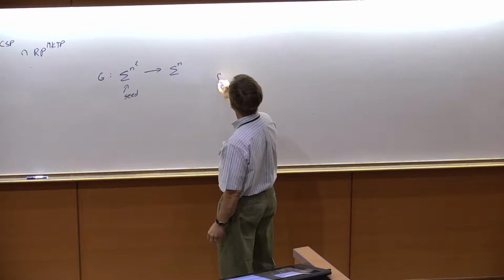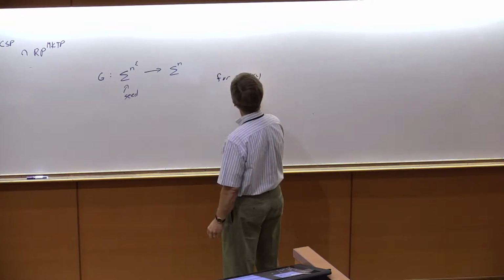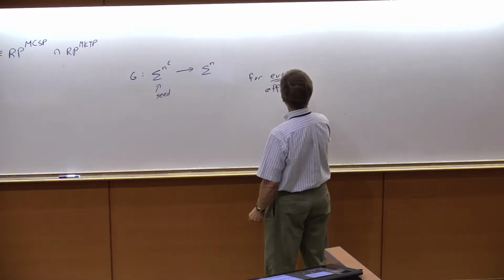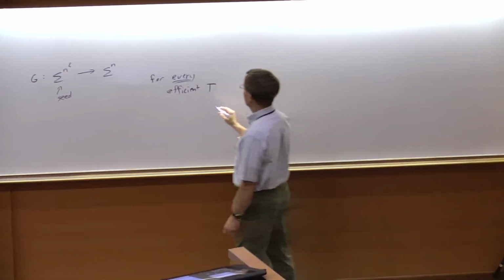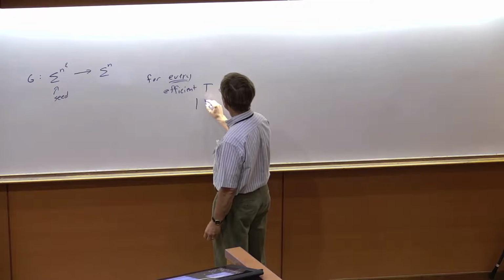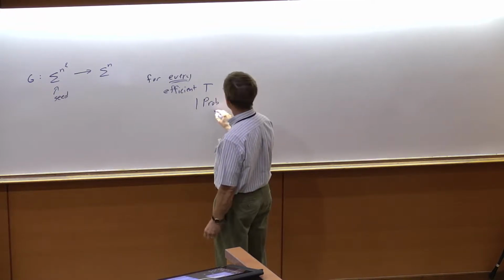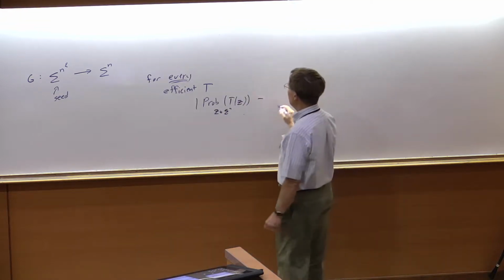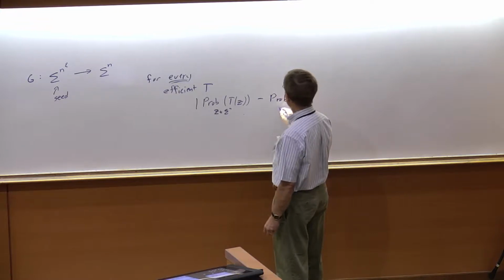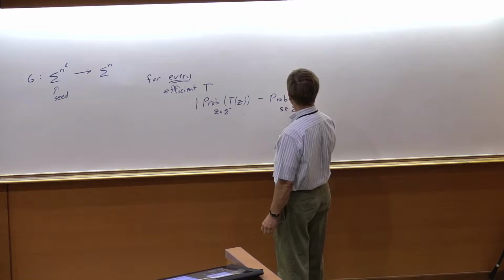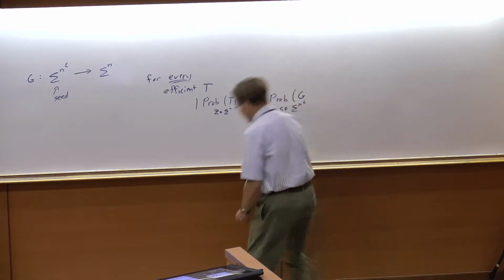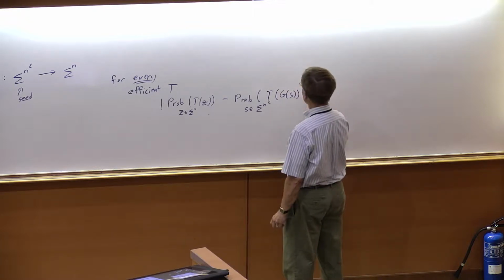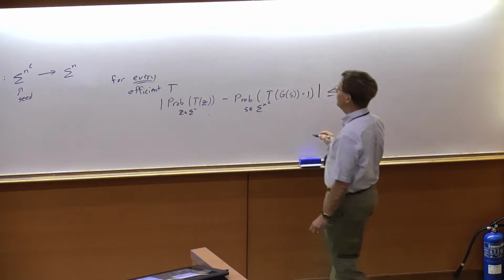You want to have the property that for every efficient test T, the absolute value of the difference between the probability, over randomly chosen z of length n, that T says yes, minus the probability, over randomly chosen seeds s of length n to the epsilon, that T on input G of s equals 1, should be small.